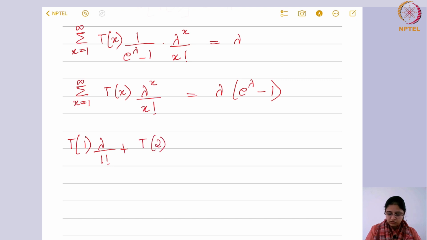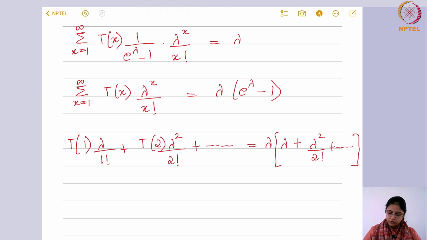We are basically substituting the values of x over here. And on the right hand side, we will have lambda times e power lambda minus 1, which is, if you expand it, 1 would cancel out, and the first term that you have will be lambda plus lambda square by 2 factorial and so on.